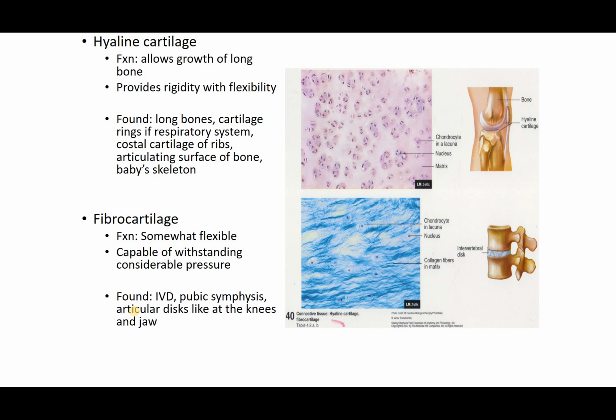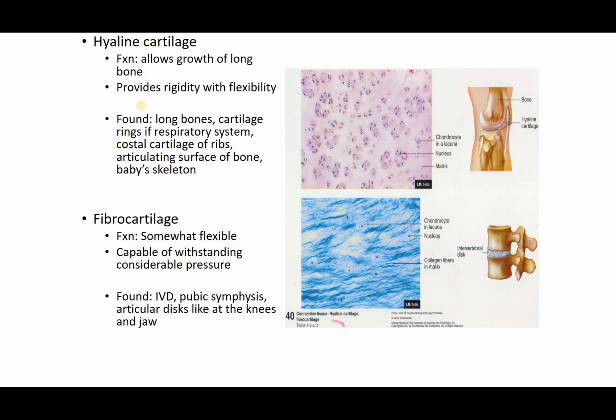Ossification is the process by which calcium and minerals keep getting deposited in bone over time. So hyaline cartilage will allow for the growth of bone, and gives it rigidity with some flexibility. One reason why kids tend to fall and just get right up is because they do have that rigidity with flexibility, because there's still hyaline cartilage in them.